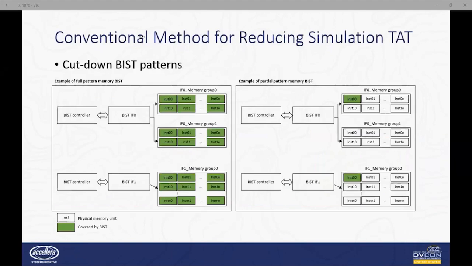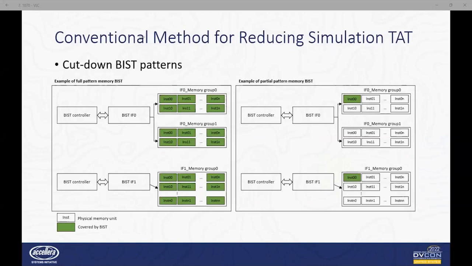A conventional method of reducing simulation TAT is to cut down the complete BIST pattern and usage scenario. Here you can see the example BIST patterns and difference between full pattern and partial pattern.